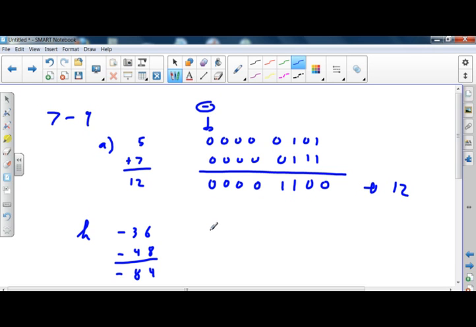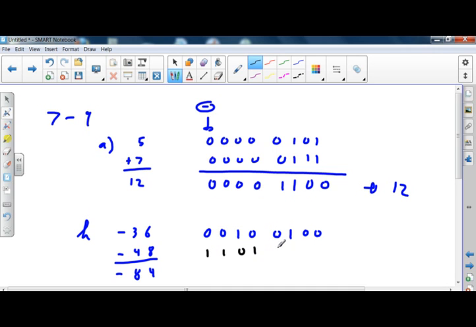All right, so we'll write 36. 1, 2, there's 32. There's 36. That's the 8, the 16, the 32 place. We're going to do a complement.